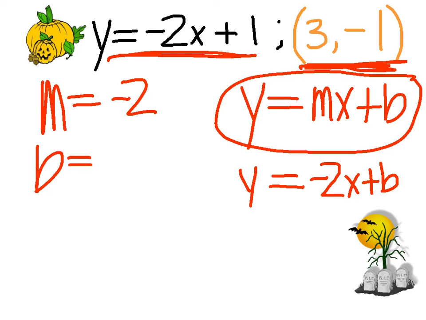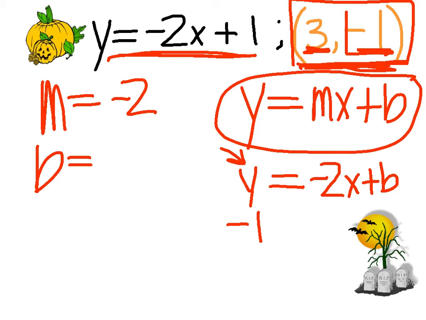Okay, now we have an x value and a y value for this line because it passes through this point right here. That means that this is an x value of this line and this is a y value of this line. So to find our b, our y-intercept, we're going to plug in our x value and our y value that we have. So the y is going to be negative 1.